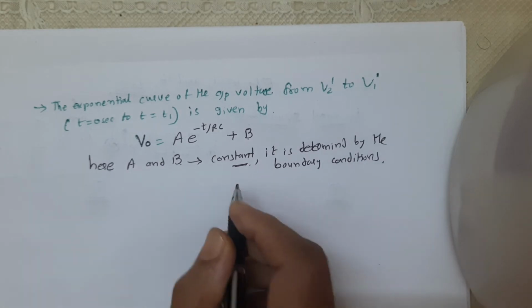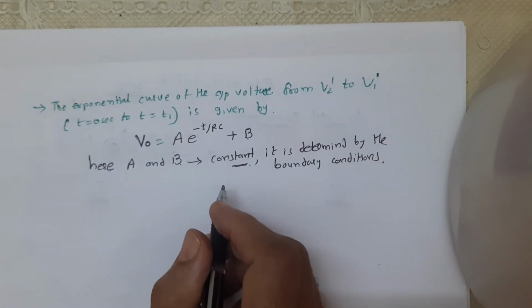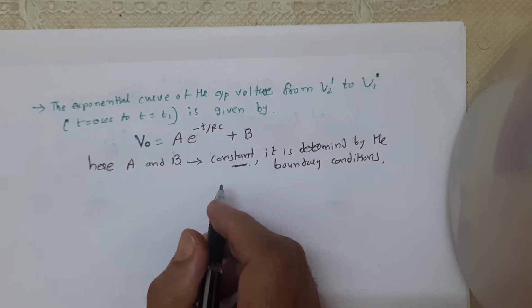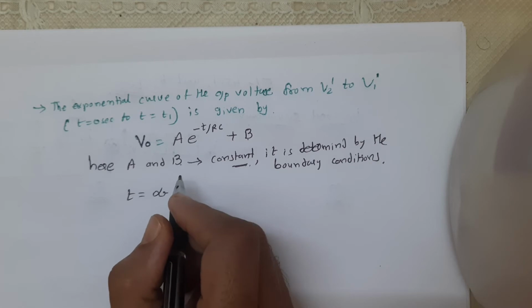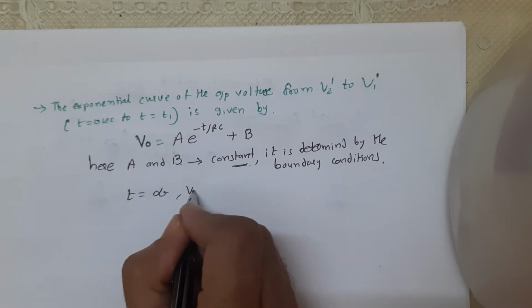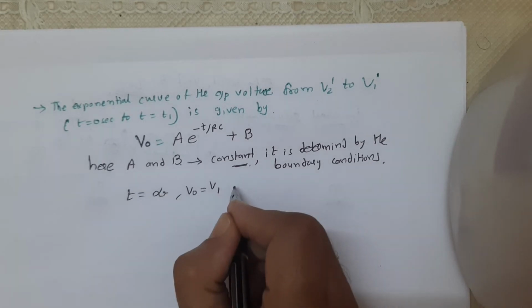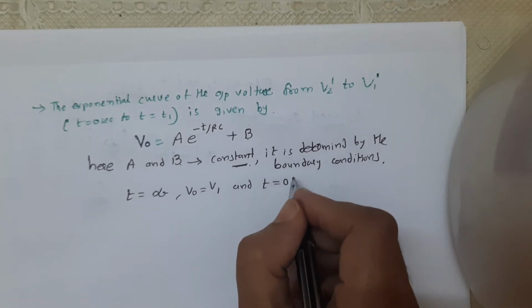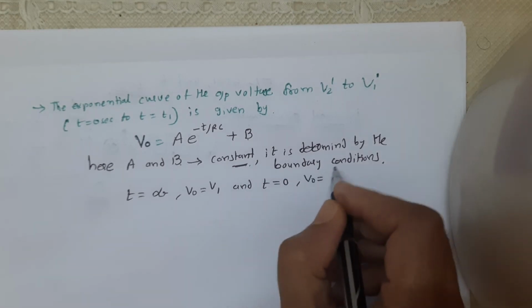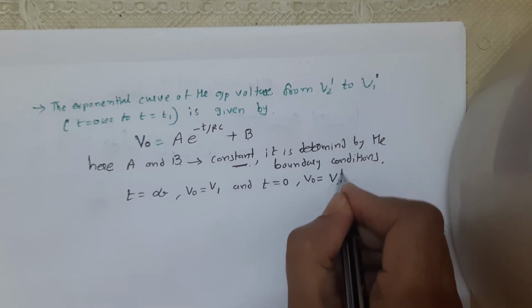Therefore, if t is equal to infinite, then Vo is equal to V1, and if t is equal to 0, then Vo is equal to V2 dash.